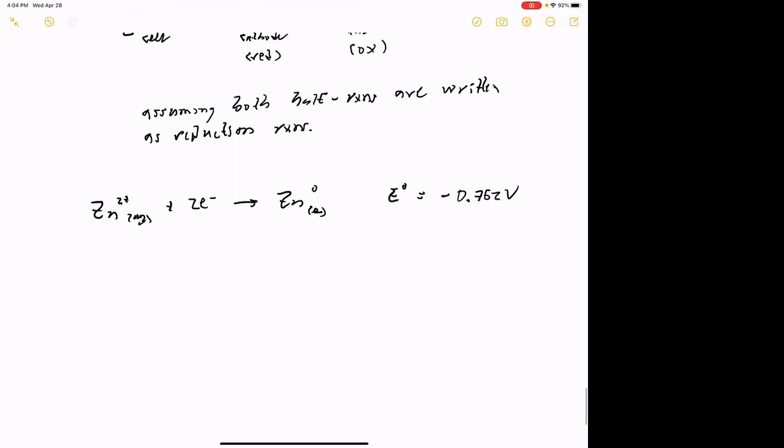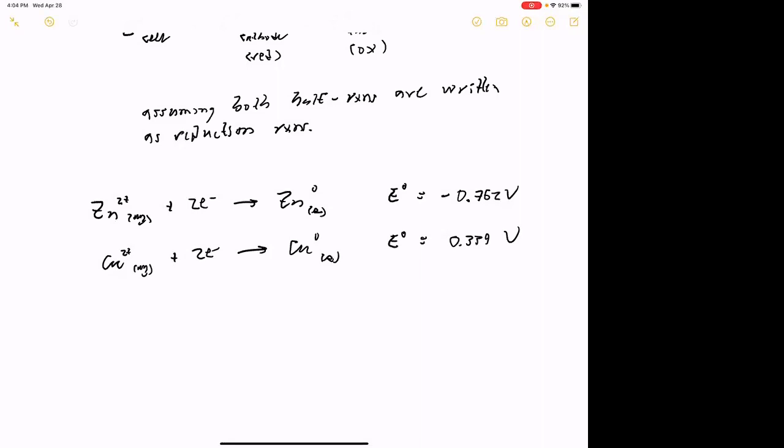Now let's write the other half reaction, again as a reduction, because that's how we find it in the table. We can again look up the E0 value in the table. It's 0.339 volts. Keep in mind, both those E0 values came out of an E0 value table, as I just showed you, for those specific half reactions.